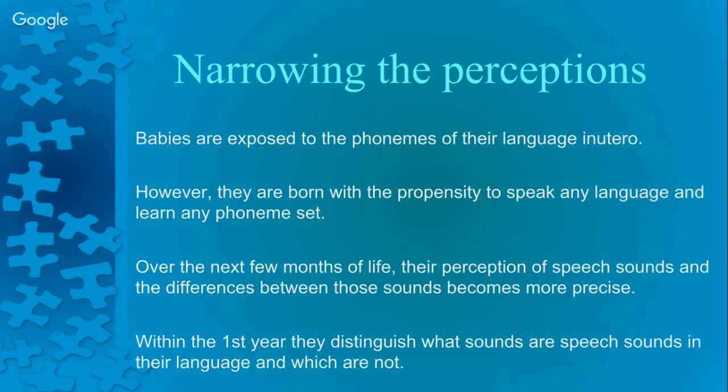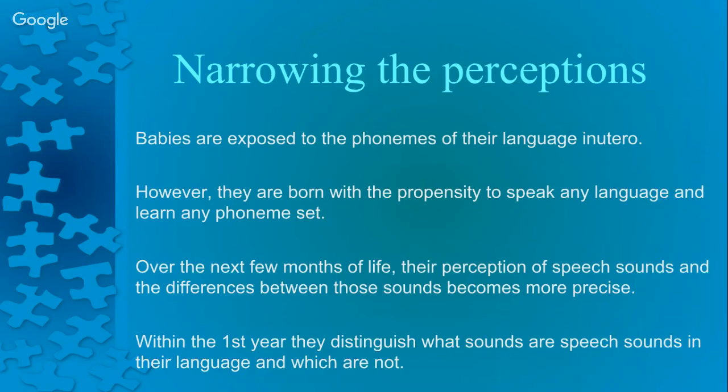So babies are born, certainly they've had some exposure to hearing the language of their culture, but they're also born with the propensity to speak really any language and to learn any phoneme set, whether it be Mandarin Chinese or Aborigine or Cherokee or Navajo or French.